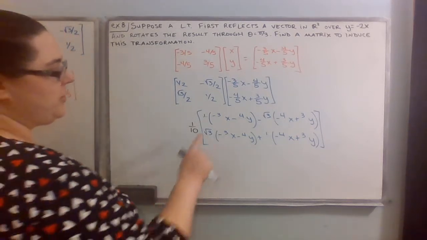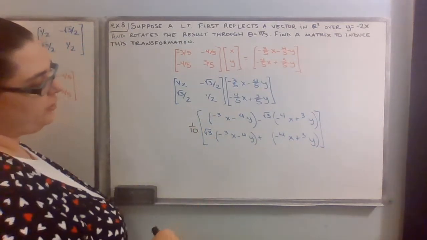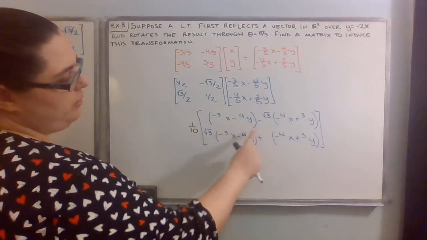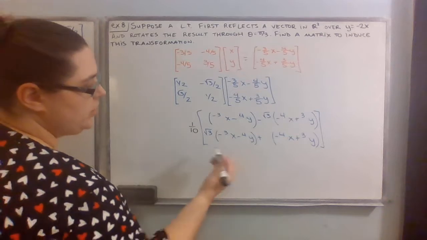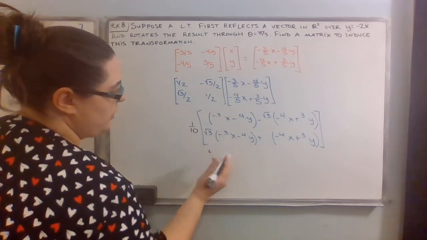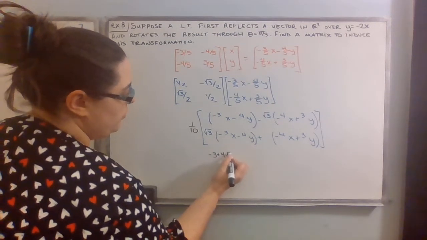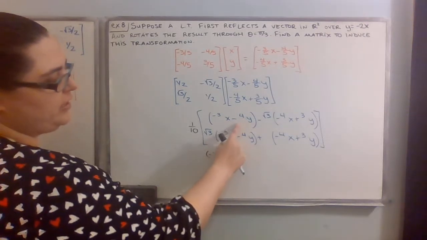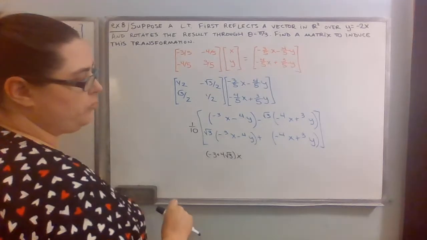So here we're going to get, okay, so that's a 1, so I don't need that, and I don't need that one either. So we end up with negative 3x plus 4 root 3 x, and then we have negative 4 minus 3 root 3 for the y's.